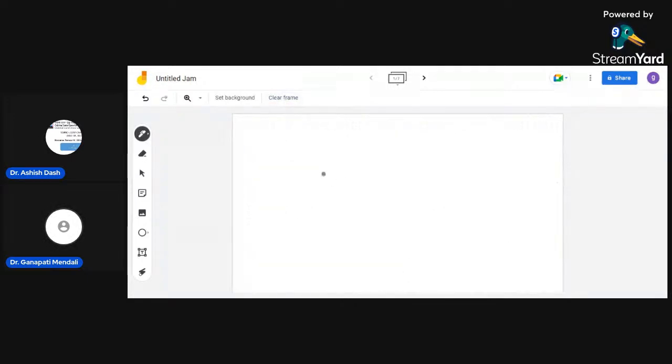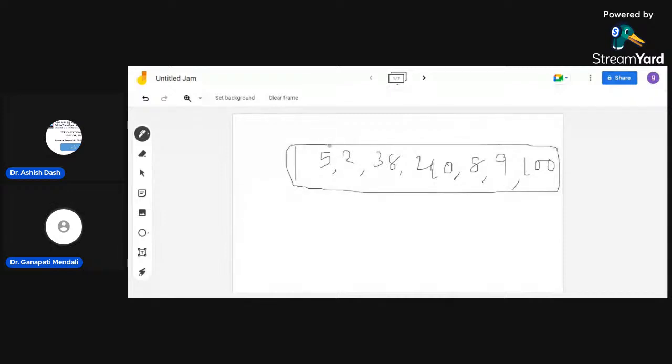Suppose we have the data 5, 2, 38, 40, 8, 9, and 100. Without arranging, counting 1 to 7, the middlemost value is 40.